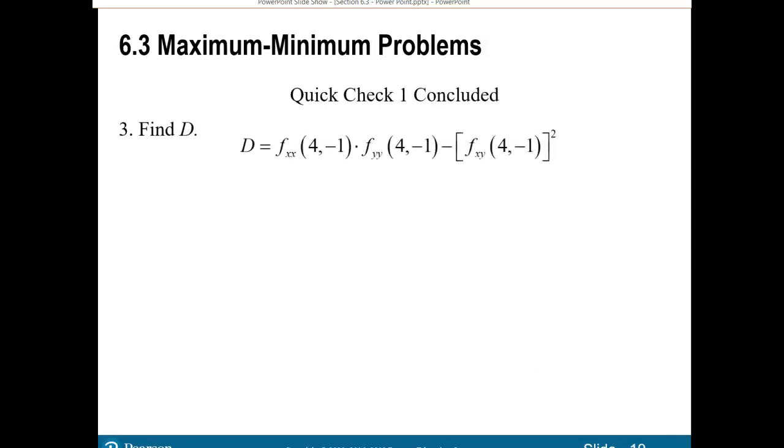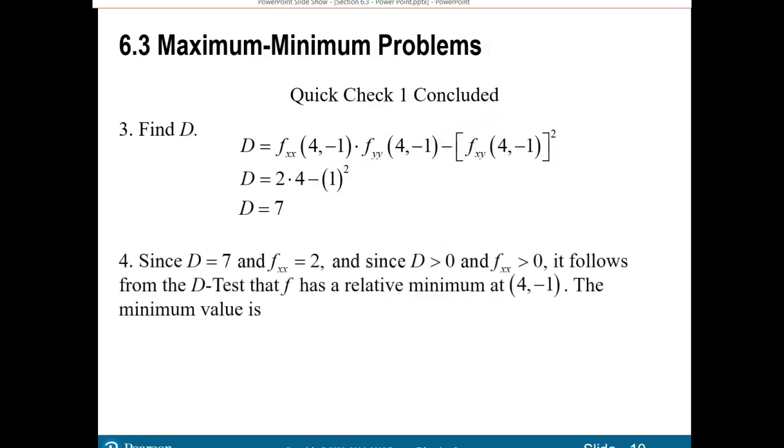Find D. That's the formula. These were all constants again. This was a constant 2, 4, and then minus, and then that was 1. So we get 7. So again, D is 7. Second partial with respect to x was 2. So since D is positive, that second derivative with respect to x is also positive, meaning concave up.